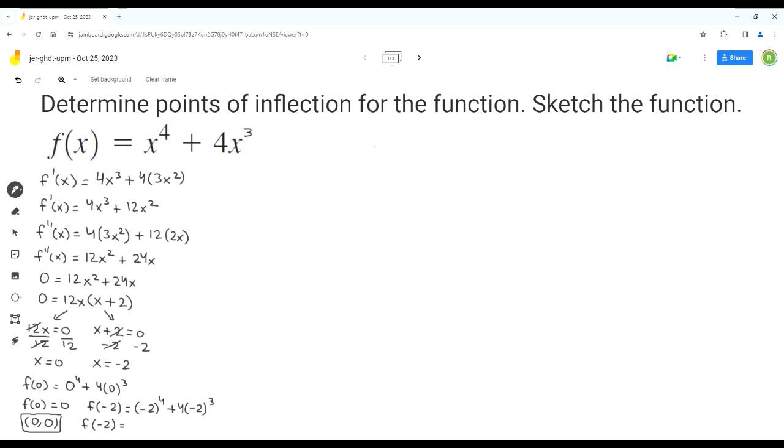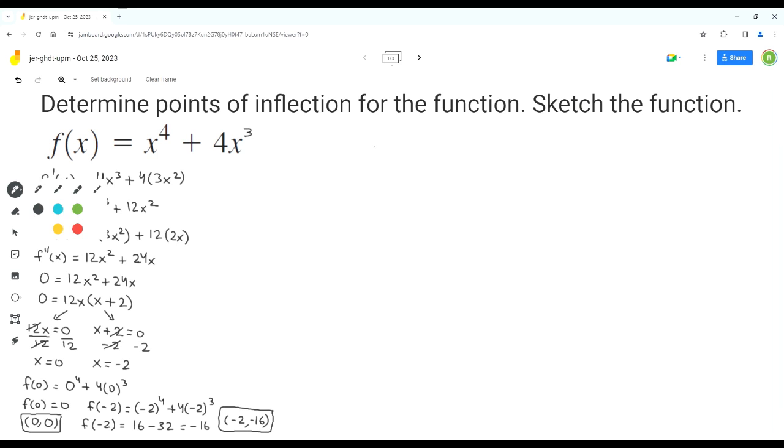So negative 2 exponent 4 is equal to positive 16, and then negative 2 cubed is negative 8, and negative 8 times 4 is negative 32, and 16 minus 32 is equal to negative 16. So that means the other point of inflection is (negative 2, negative 16). So this is the second point of inflection.